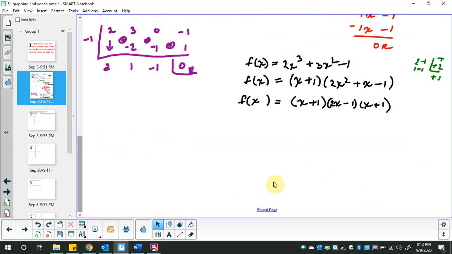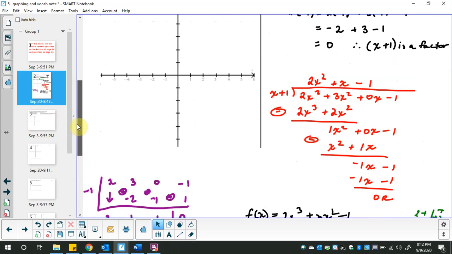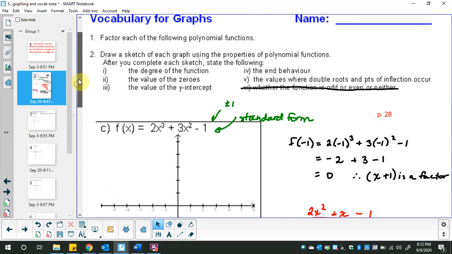Now, I'm not going to finish this question, but I want you to know that if you ever want to find the zeros, that is the exact same thing as the X-intercepts.